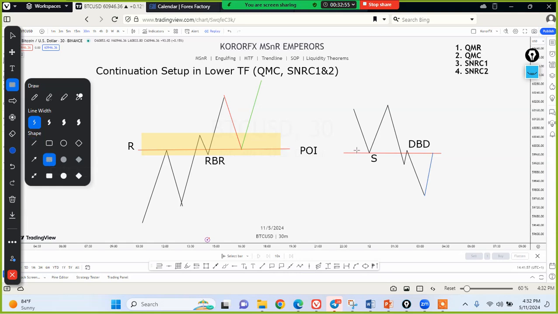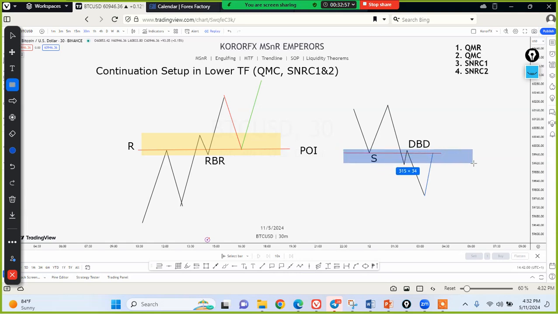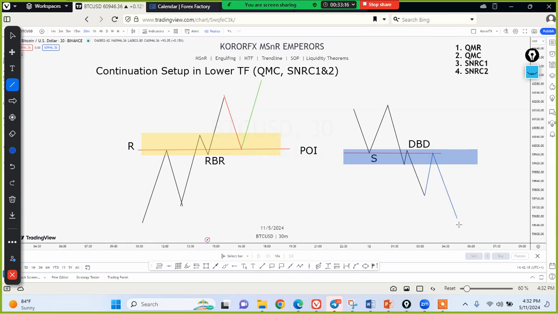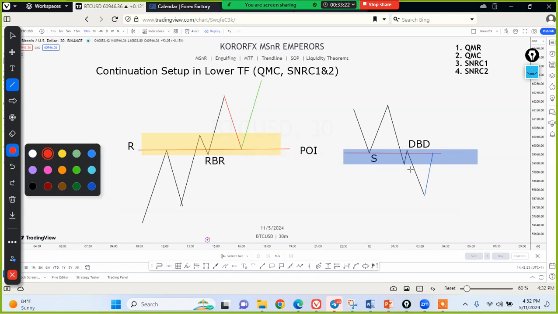You have to always know the zone is the base. This candle, between the drop base drop, the base is your zone. Then when price pushes back or retraces to this zone and touches the level, you sell off at this level.